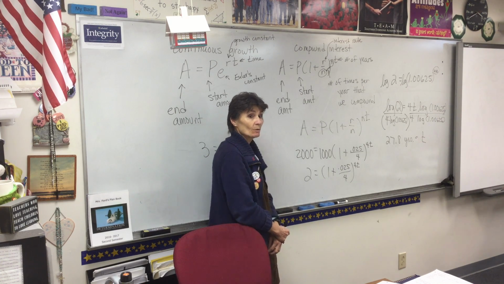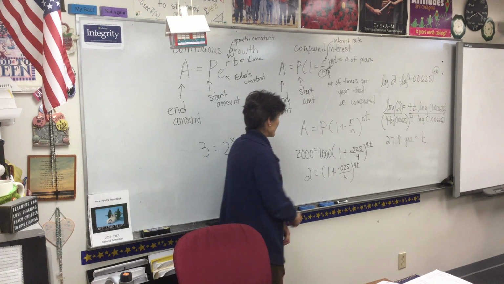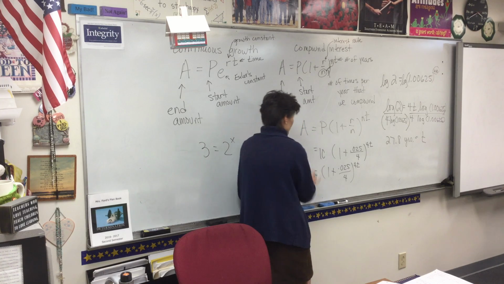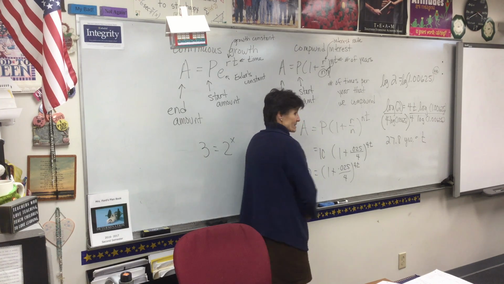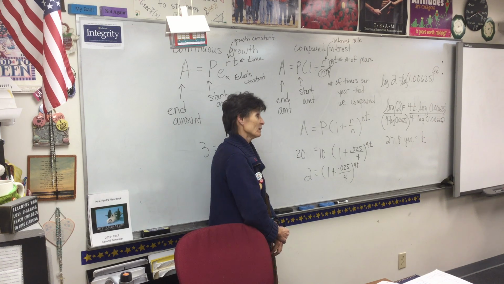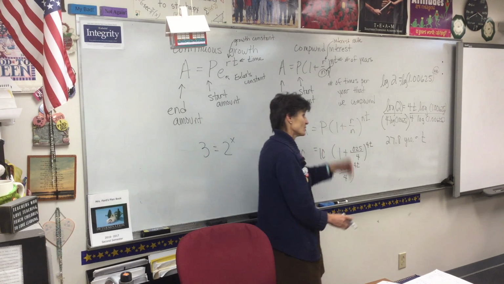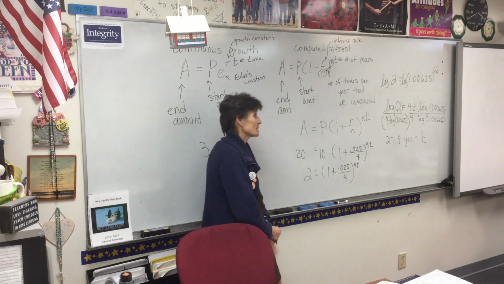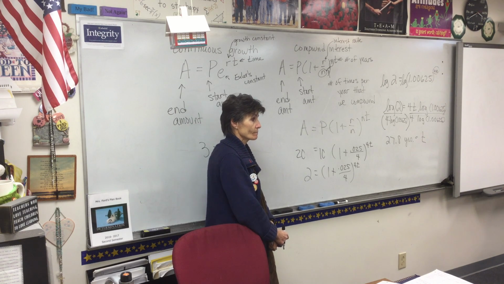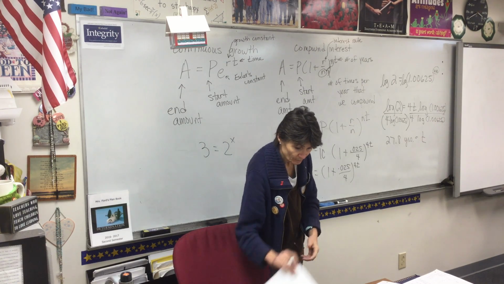No. Because if I start with $10, then that would be 20, and when I divide, won't I still get 2? So the starting amount really is irrelevant. If you want to double your money at this interest rate, it's going to take 27.8 years to double whatever you start with. Okay? All right, let's do the next one.